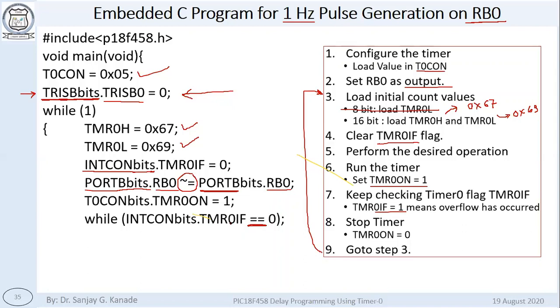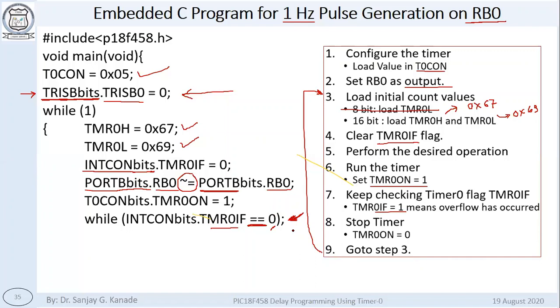If this flag and this value are equal, what will happen? It means that this condition is true, right? And when this condition is true, what happens? The while loop gets executed, meaning we remain in the while loop. However, there is a semicolon at the end of this statement. Please note down this semicolon at the end of this particular while loop.